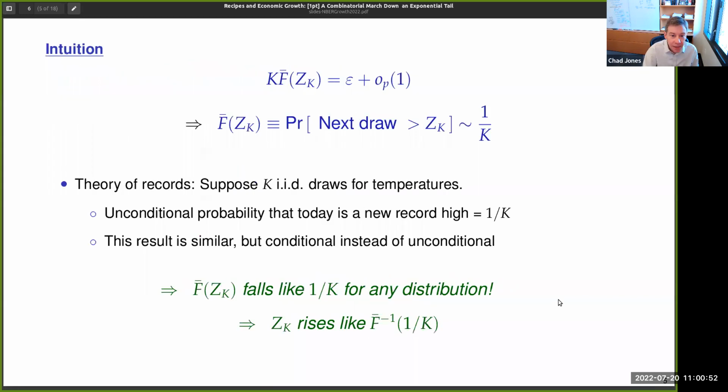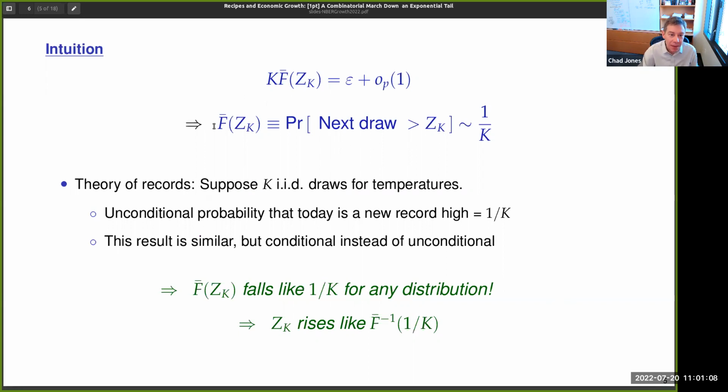Okay. Some really nice intuition for this comes quickly. So we can write our result: k F bar of z_k is a standard exponential random variable plus something that disappears asymptotically, okay?